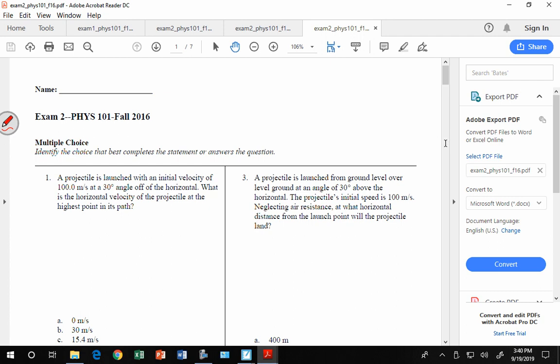Number 1 seems complicated, but it's not, because it's asking for the horizontal velocity at the highest point in its path. What would I have to do to find that?